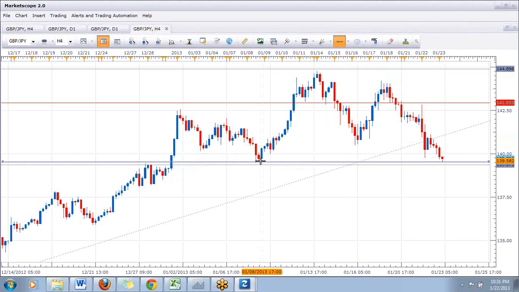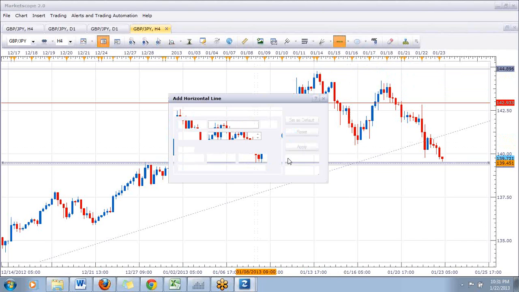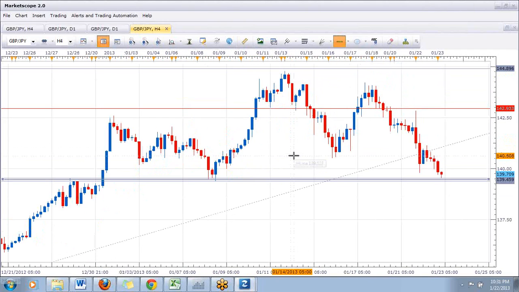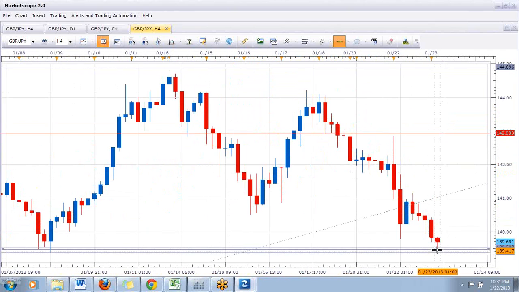From that low, also this low. So within the range of that area of demand, the low of this price is currently hit and it's now supporting it.